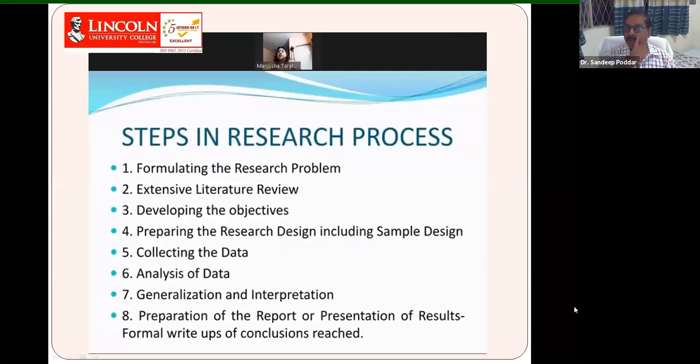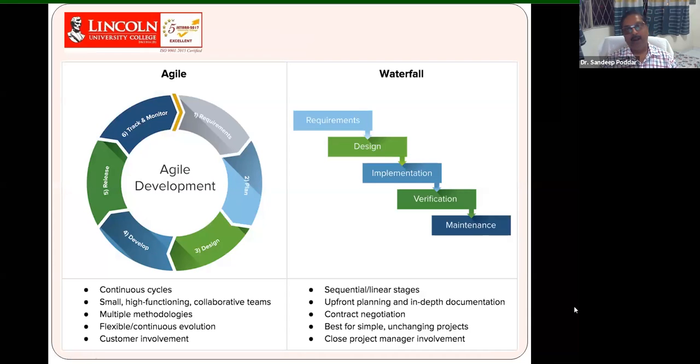When we go for a project, there are 2 types of project management, which many of you have read. Those from a health science background may not have read it, but management persons are aware of and well versed with these two processes, the agile process and the waterfall process. So how do you grade a research in which project?